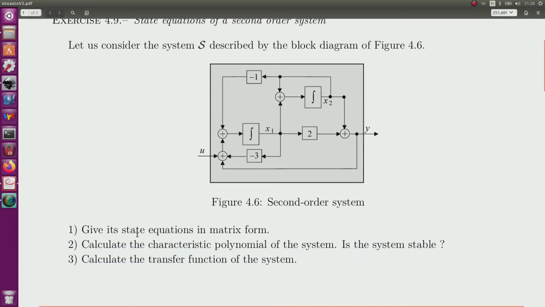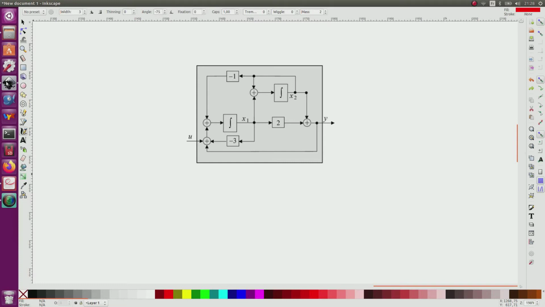We have to give first the state equation in a matrix form. So this is my system. I have one input u, one output y, one integrator and another integrator.